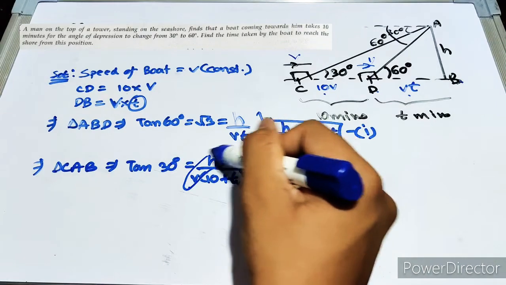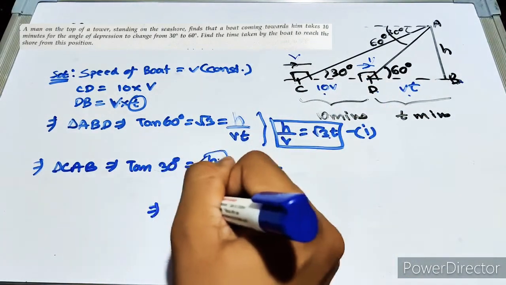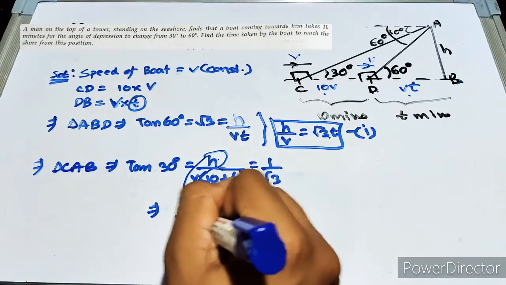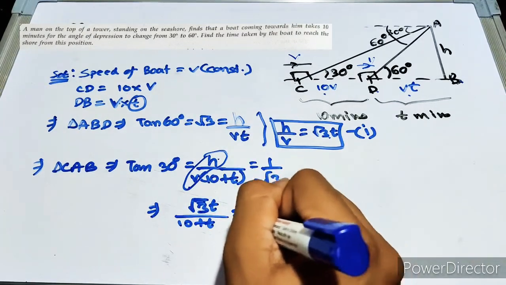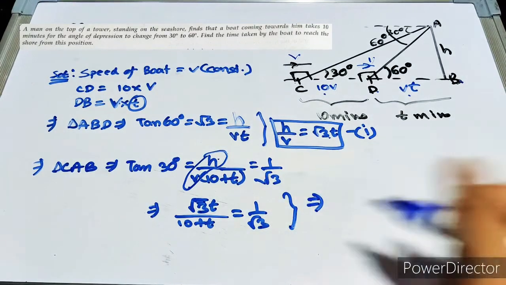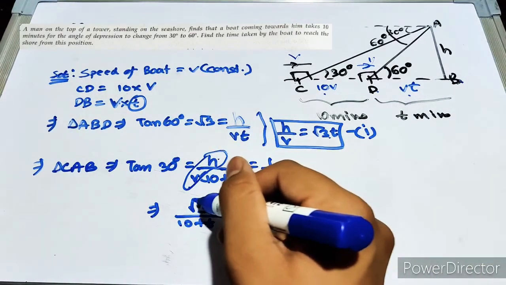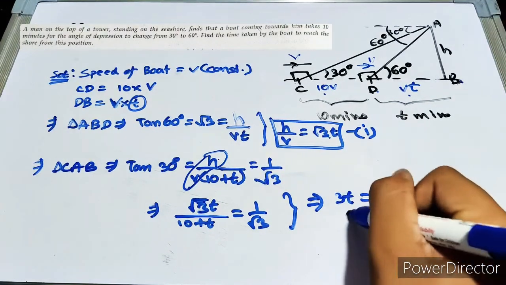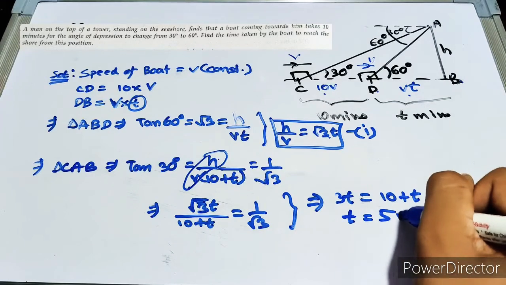So let us replace h upon v with root 3 t. So this becomes root 3 t upon 10 plus t equals 1 upon root 3. Now the equation becomes very simple to solve, the root 3 comes here, it becomes 3t. So 3t is equal to 10 plus t, can be simply solved, and t comes to be 5 minutes.